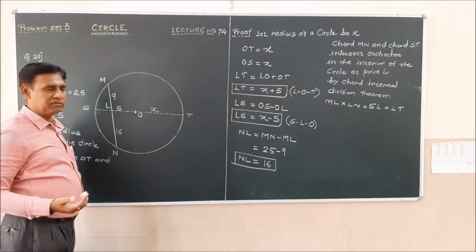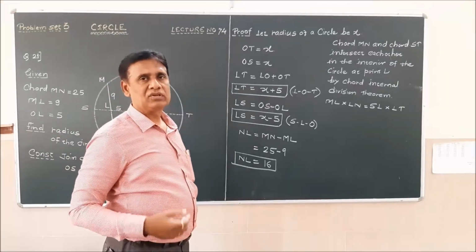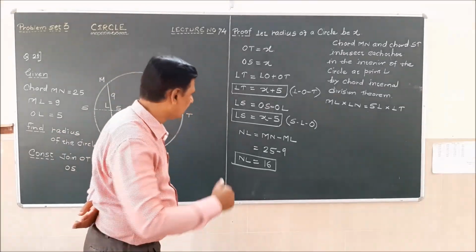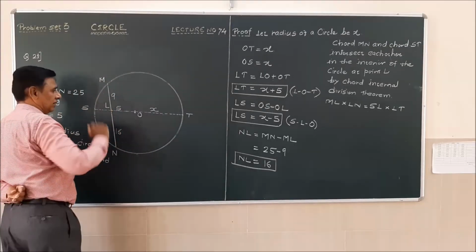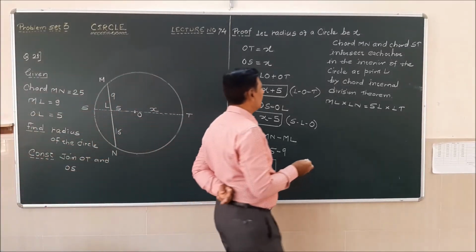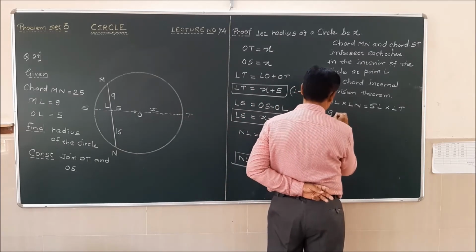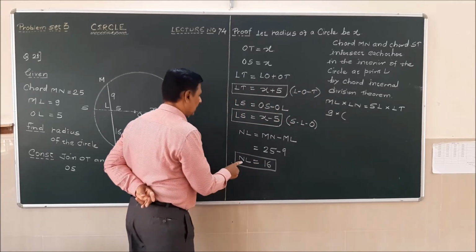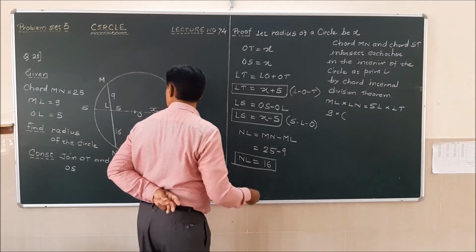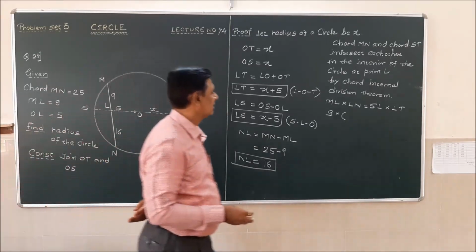Now simply substituting the values to get the value of x, because x is the radius of the circle. Now ML, what's the value of ML? ML is 9. So 9 into LN, see here, LN is 16.